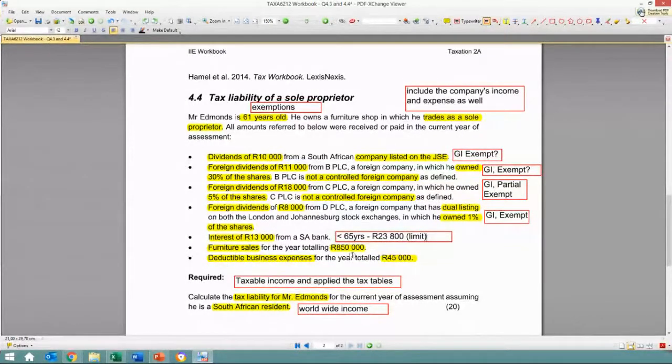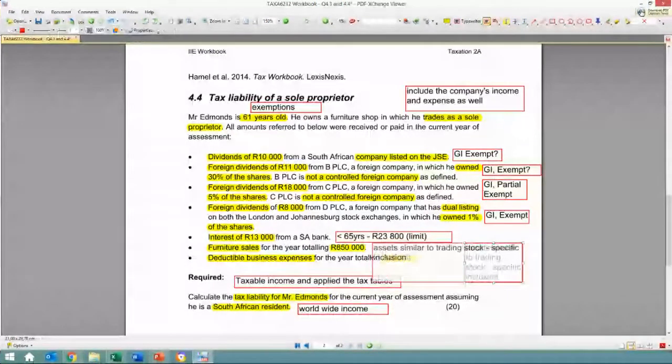Then we've got furniture sales of 850,000. Now, in this case, because he's a furniture shop, their furniture sales are seen as assets similar to trading stock, which is a specific inclusion into your gross income.